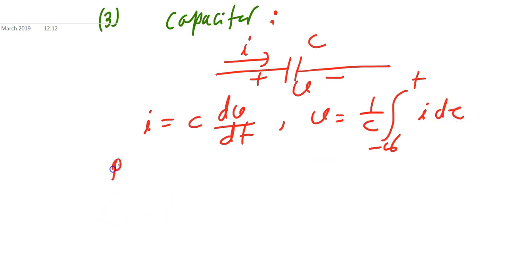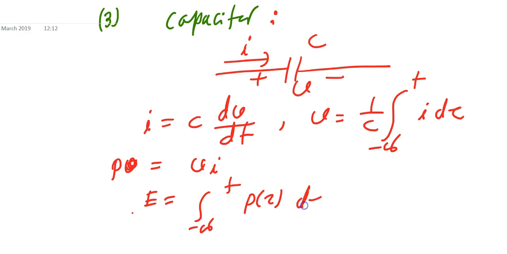And instantaneous power P is equal to VI. Energy is the integration from minus infinity to t of P(tau) d tau. Obviously power is a function of time, so when you integrate you have to change the variable.